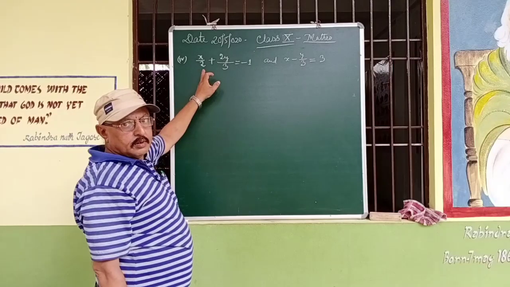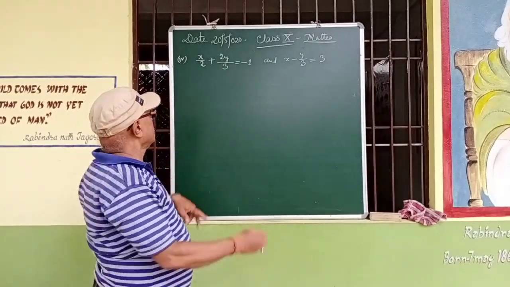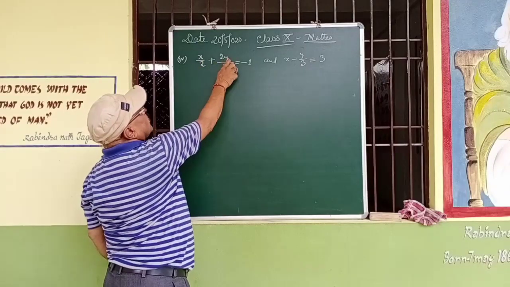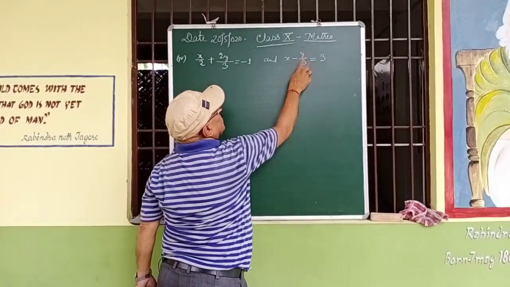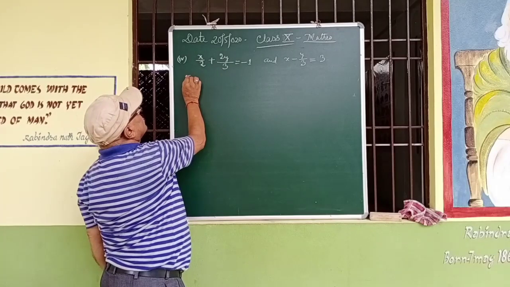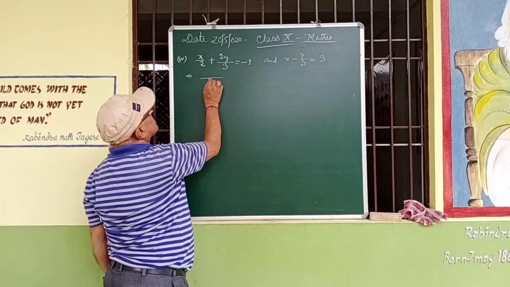Now question number 4. Questions 2 and 3 are for your homework. Okay. Now in 4, x by 2 plus 2y by 3 is equal to minus 1 and x minus y by 3 is equal to 3. Now we take the LCM. The LCM of 2 and 3 is 6.